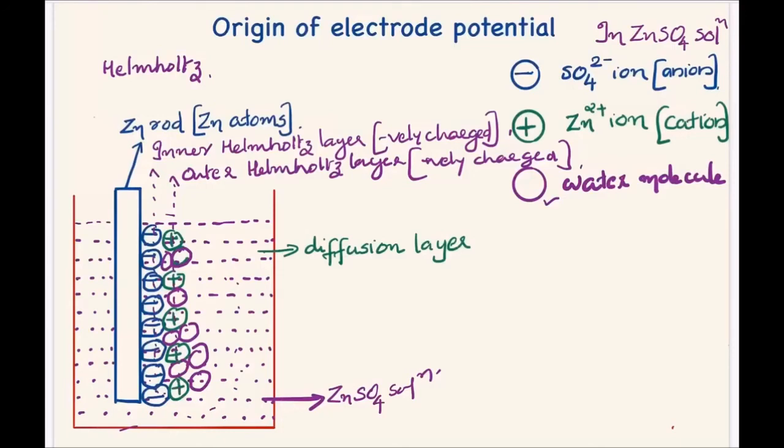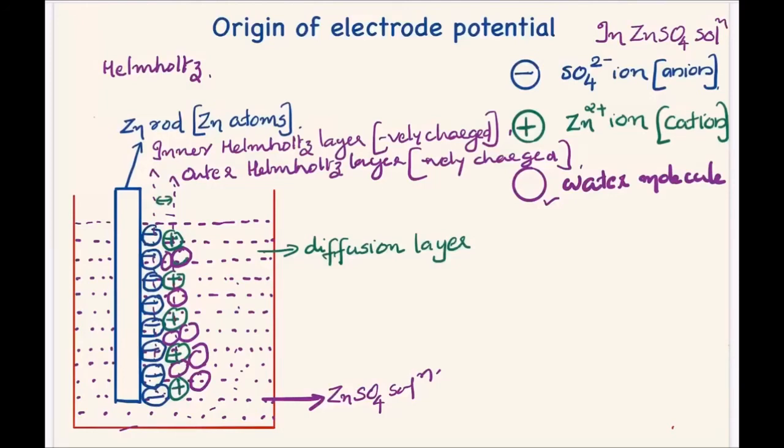Now we can see that two layers are formed, and those layers are of different charge, and these layers are separated by a small distance.